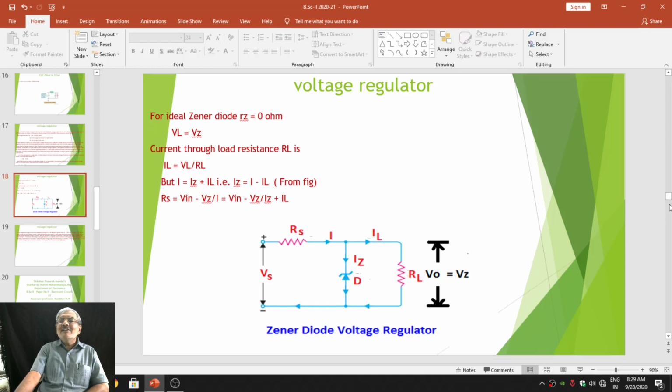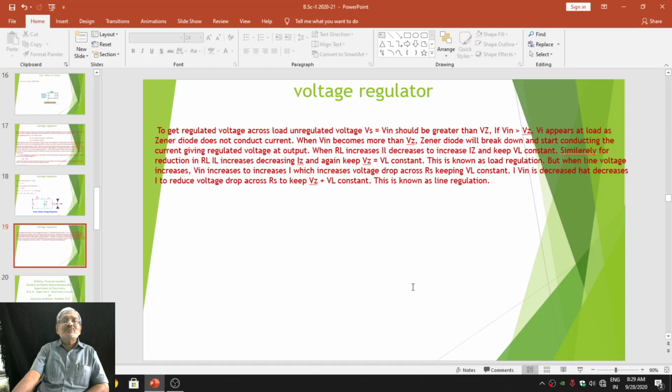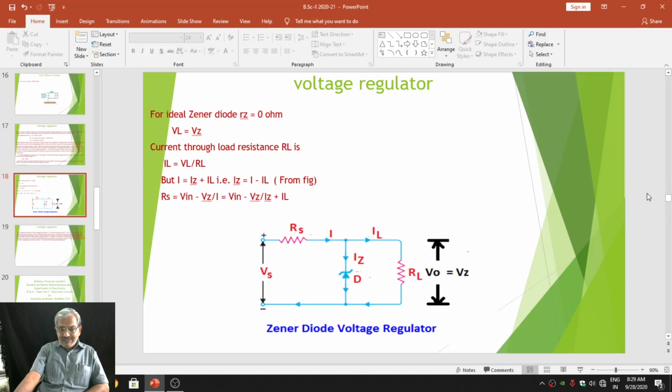So let us see how it will work. To get the regulated voltage across the load, the unregulated voltage Vs, equal to Vin, should be greater than Vz. This means that Vs should be greater than Vz, the Zener breakdown voltage.